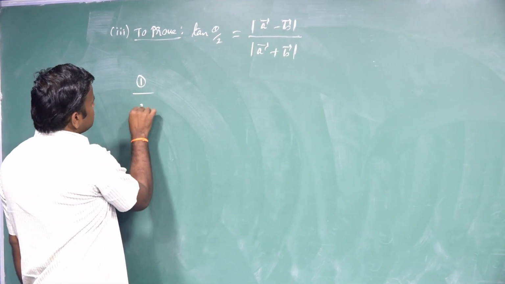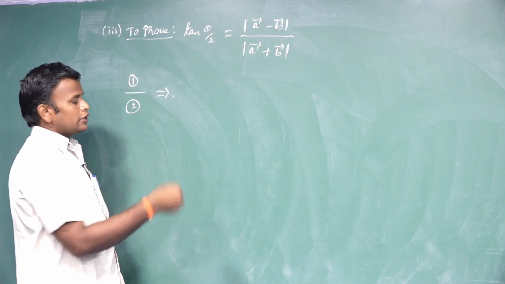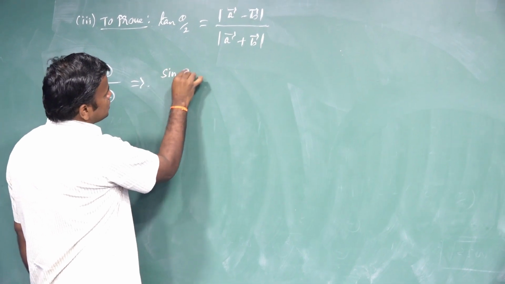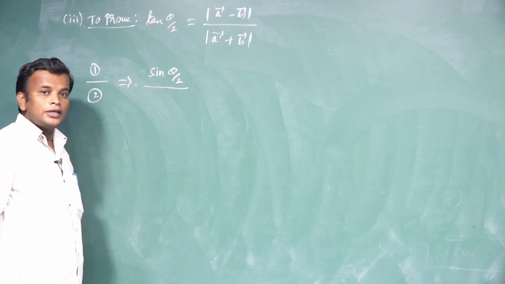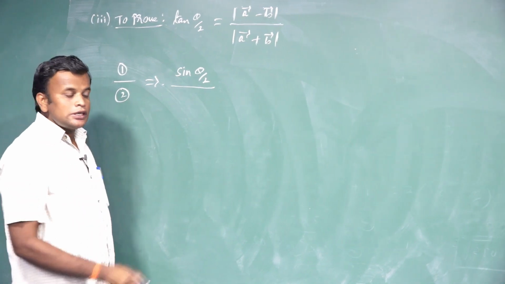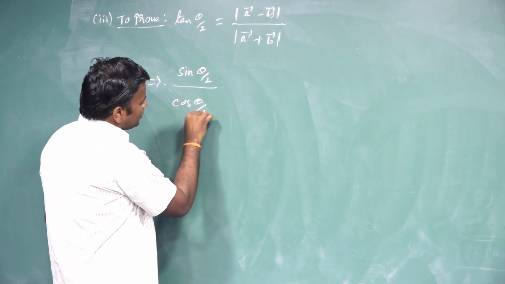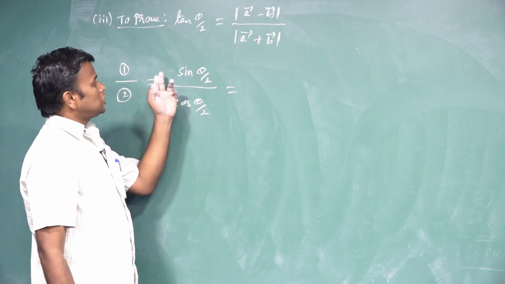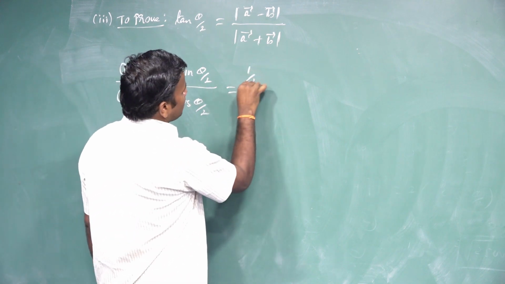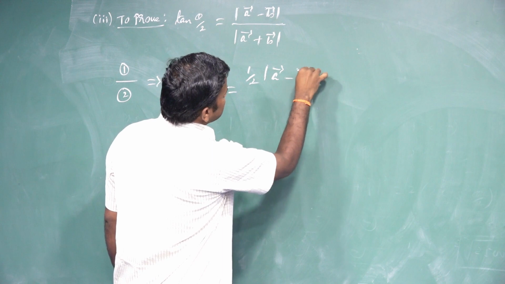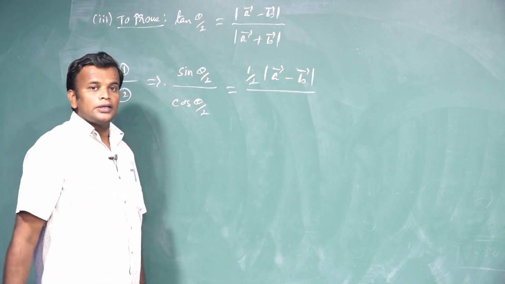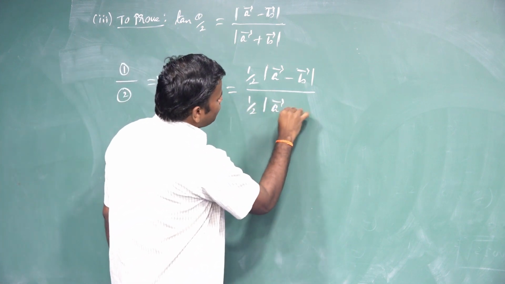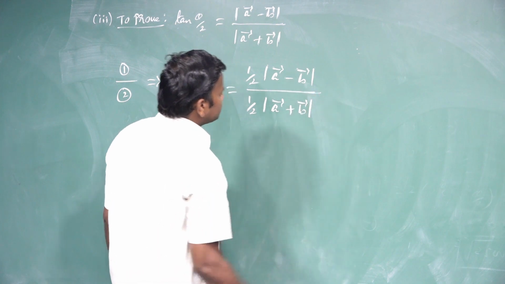So I divide the first equation by the second equation, so 1 divided by 2. The first equation LHS is sin theta by 2, divided by the second equation LHS, cos theta by 2, is equal to. Now come to RHS. The first equation RHS is 1 by 2 of modulus of A vector minus B vector, divided by the second equation RHS, 1 by 2 of modulus of A vector plus B vector.